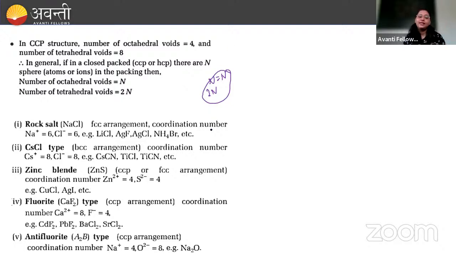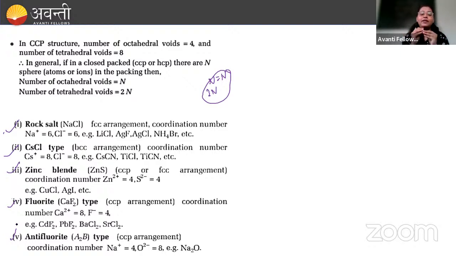Again, we have seen these ionic solids: rock salt, CsCl type solid, zinc blende, fluorite, and antifluorite. Remember the positions of each and every ion. Na plus is present where? Na plus is present at the CCP or FCC lattice. Means what? All the Na plus ions are present at the FCC or CCP positions.